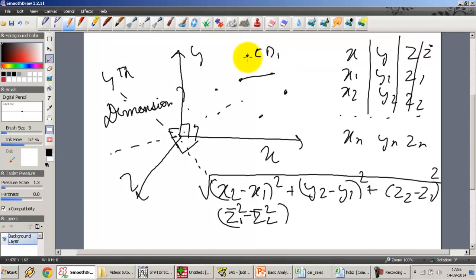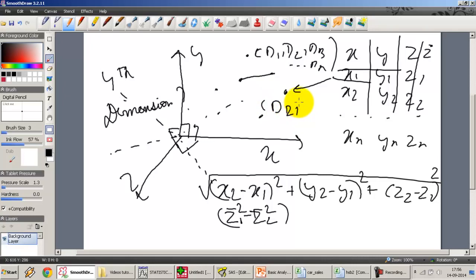So each point gets a coordinate in the n-dimensional space, which is simply d1, d2, d3 all the way till dn. So this set of all of the observations in the data set, each of these observations becomes a single point in the n-dimensional space, and the address of that point, each point needs to have a mathematical address which refers to it uniquely, is simply the measurement in each of those dimensions.